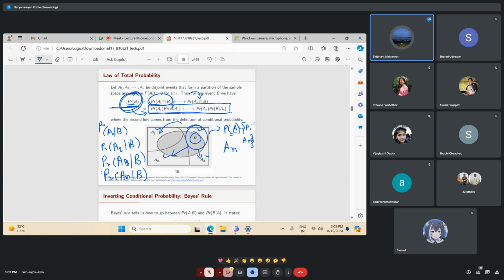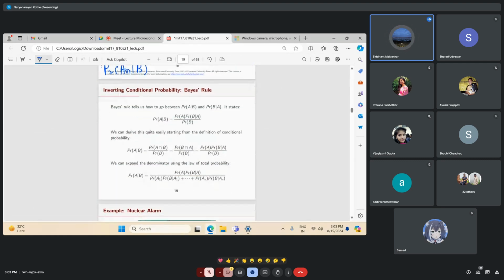And that's how, if we substitute all this and invert the conditional probability, we come to know the Bayes rule.